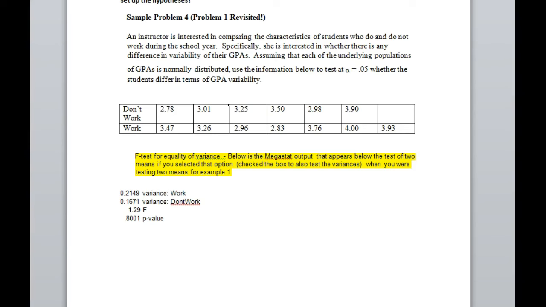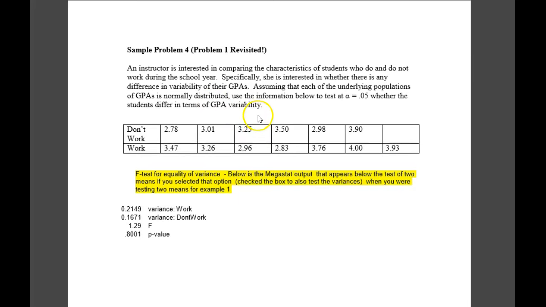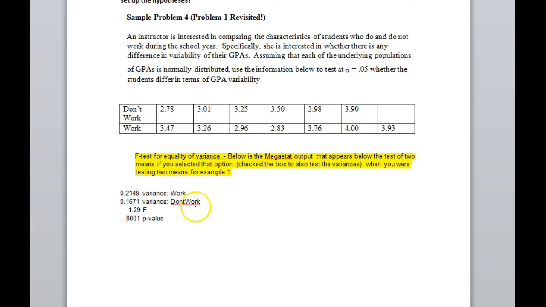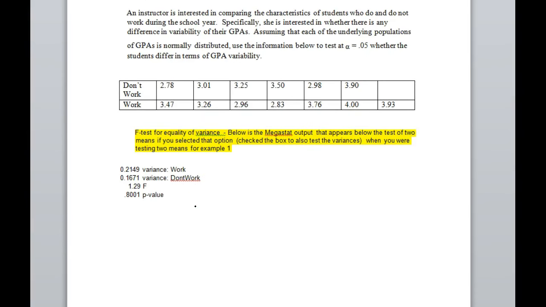Okay, let's go. Looking back over here, this is the output that we have, right? We have a variance of work, variance of don't work, and we have an F statistic. So let's set up our problem here. We have H naught, HA. The status quo is to assume that they are the same.